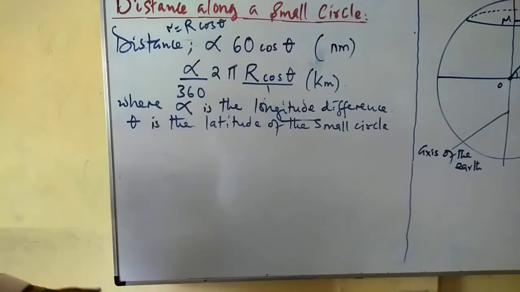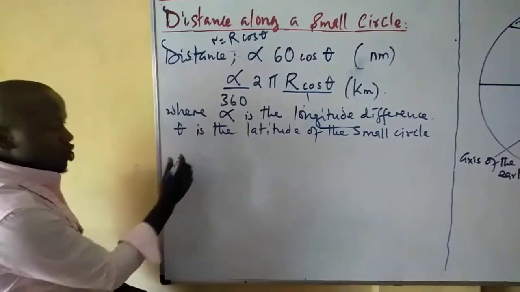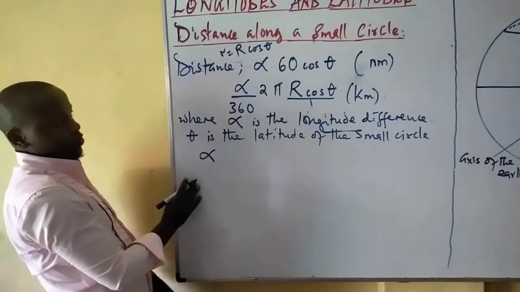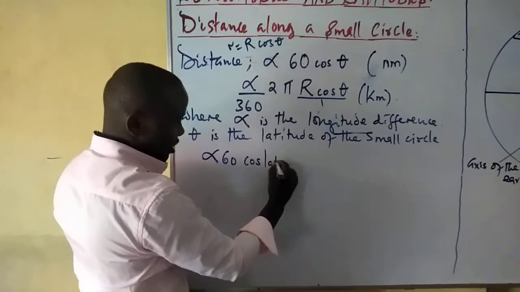Therefore, we can simply state these formulas: the distance is the difference in longitudes times 60 cosine of the latitude in nautical miles.